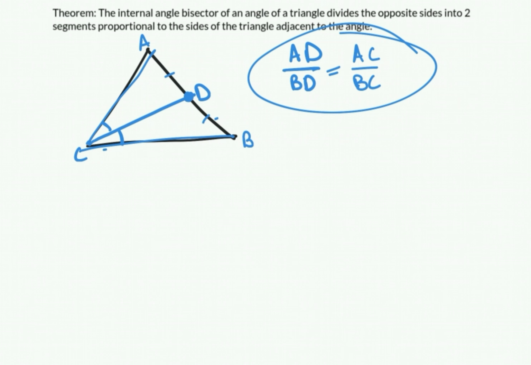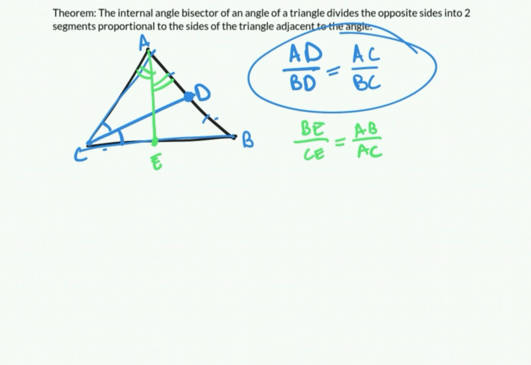That's the idea. That's true for any of the three, like if I look over here, let's call this E, it would also be true that BE over CE would be equal to AB over AC. Okay? And we can do it for the third side as well.